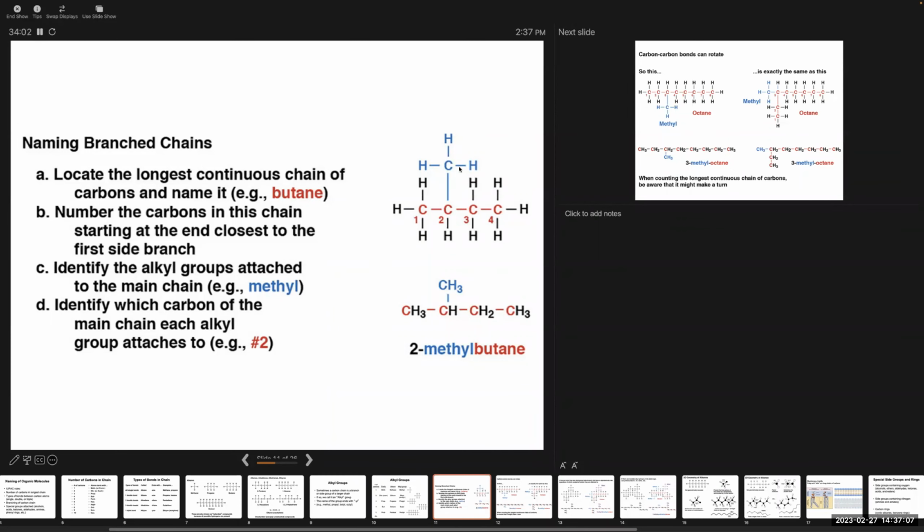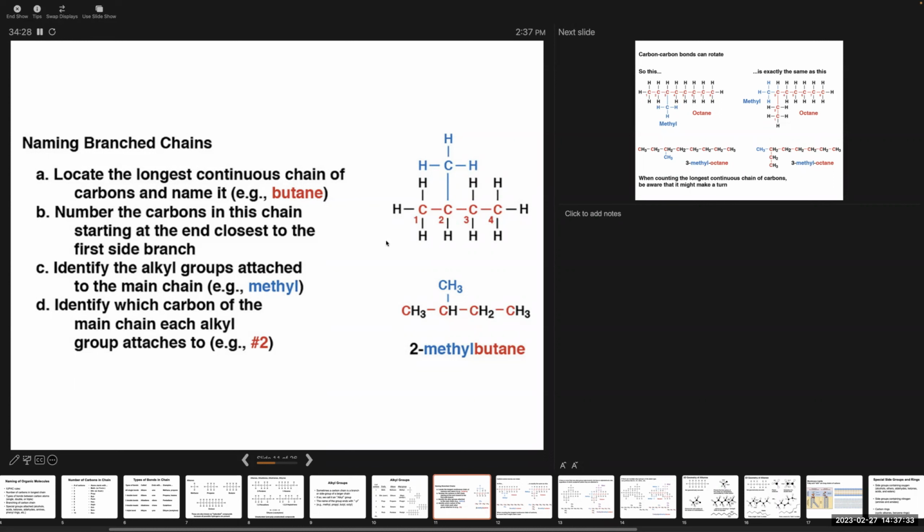So since I'm going to call that blue carbon a methyl group, that means that my first branch point is closer to this number 2 carbon. So I start numbering the carbons 1, 2, 3, 4. I wouldn't start at the other end because then I'd have 1, 2, 3. I'd have my methyl group on the third carbon instead of the second one. So I start numbering my carbons closest to the first branch point.